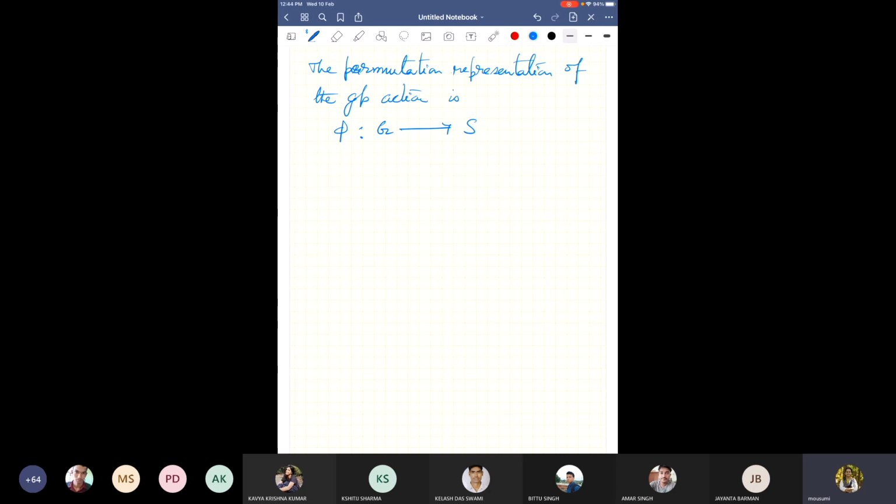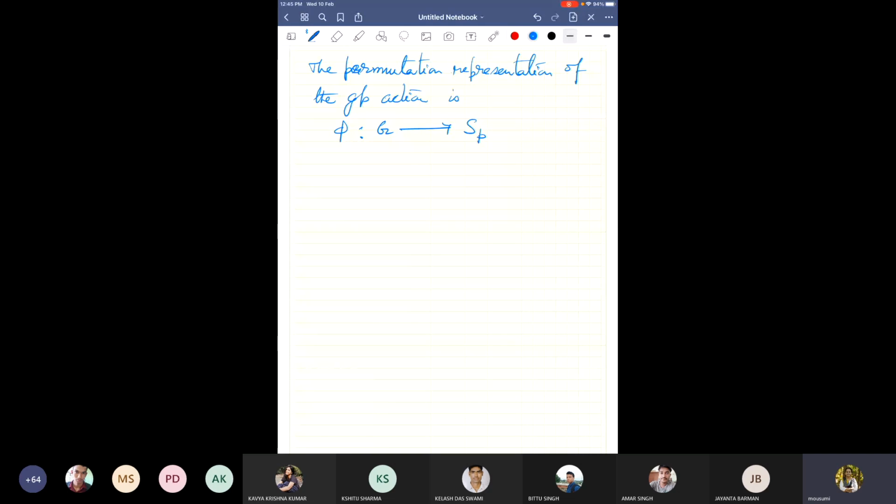Which symmetric group? SP, right? Because the cardinality of that set was P. So this permutation representation will be a map from G to the symmetric group SP, right? So I have now defined a group homomorphism from G to SP. But you can see here that the cardinality of SP is P factorial, which is some number different from the order of G. So how do I prove now?